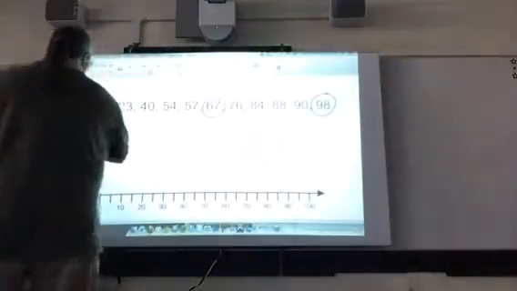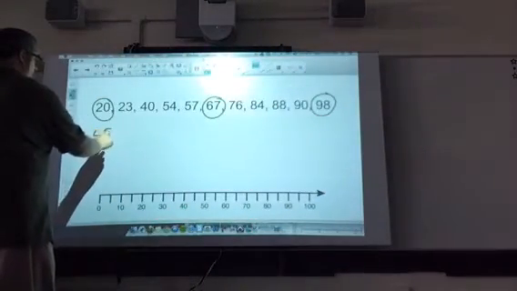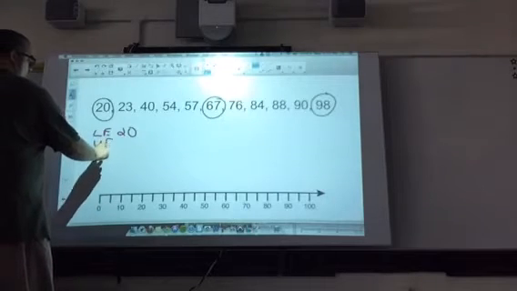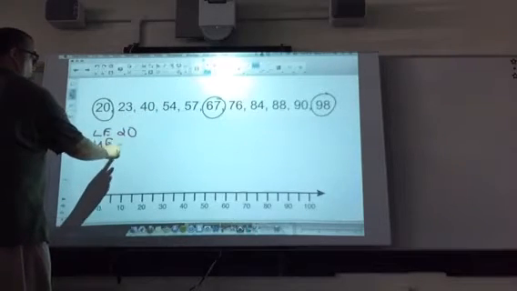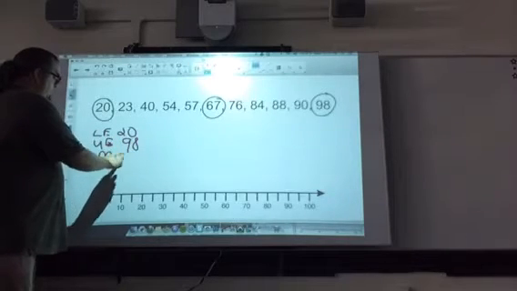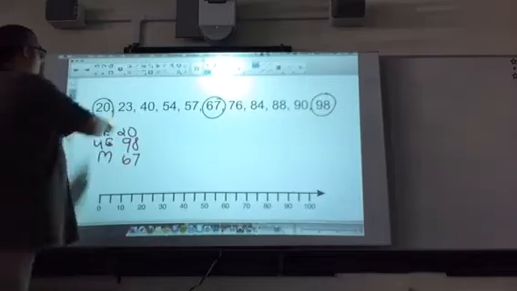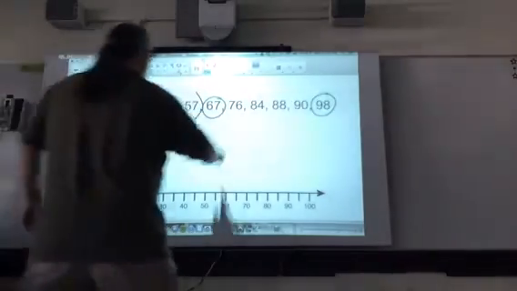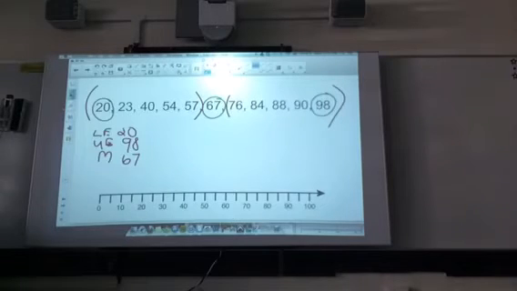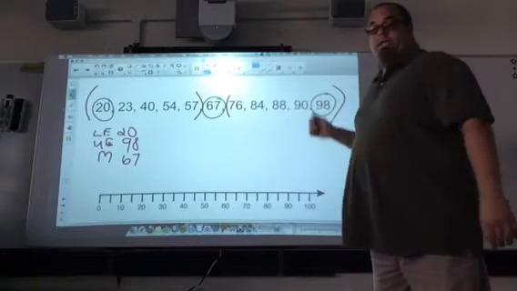So, the lower extreme is 20. The upper extreme, all the way over there, was 98. The median is 67. Now, I don't include that middle number in my upper and lower half, but I do include the extremes.